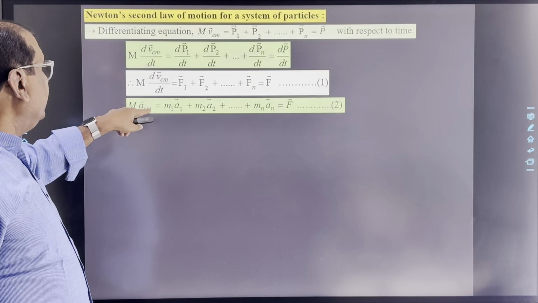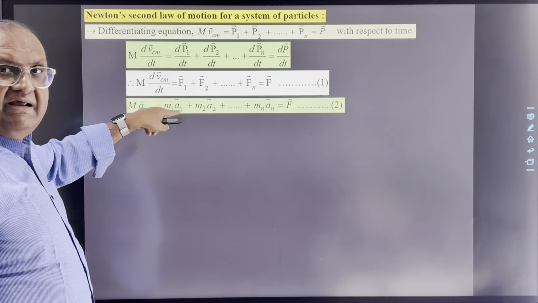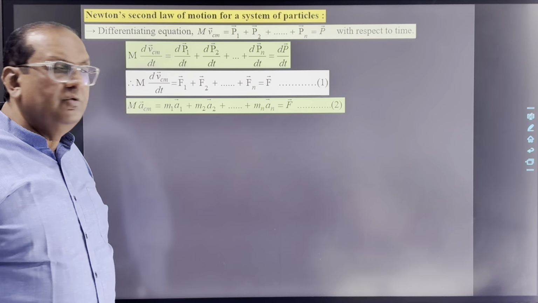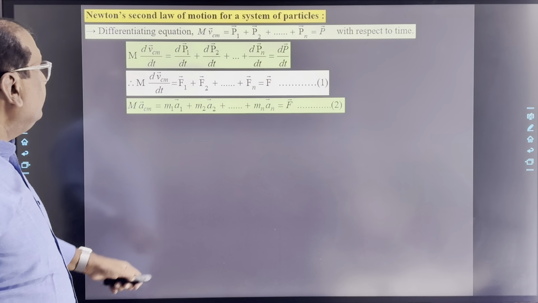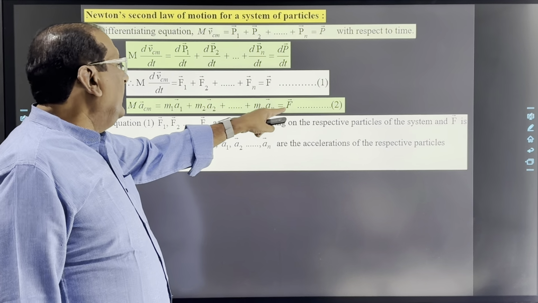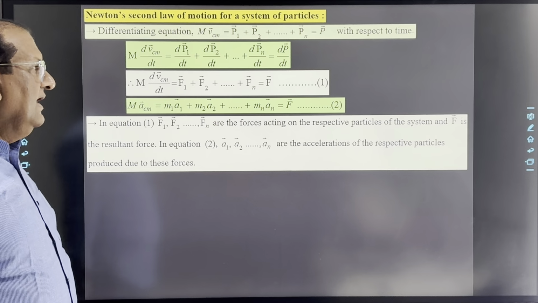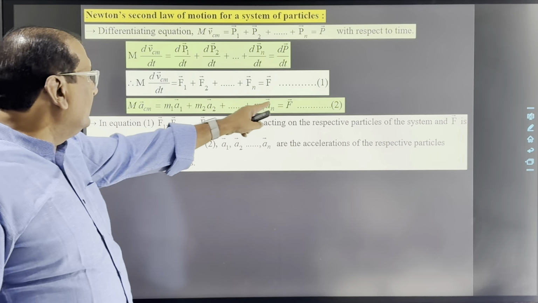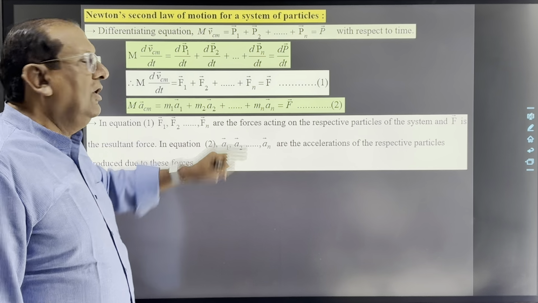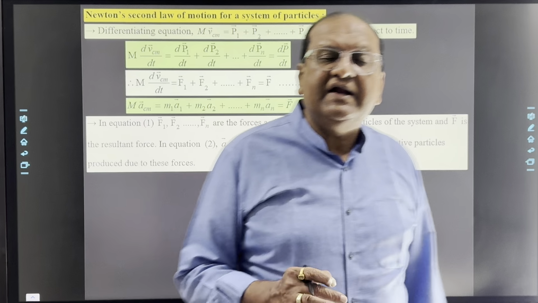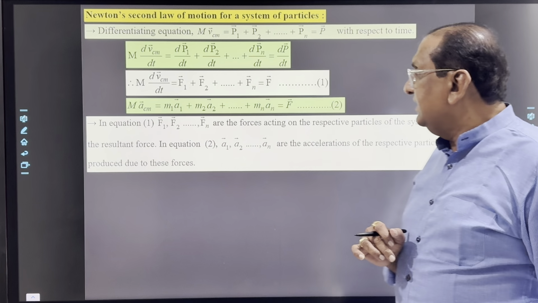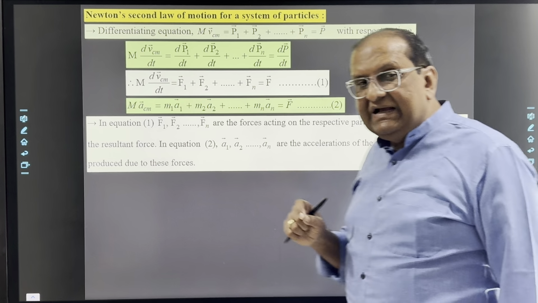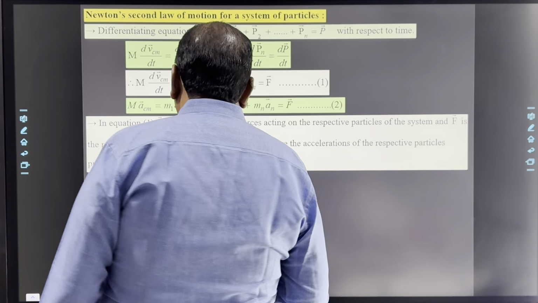So m Acm equal to now F1, that is you can write m1 A1 plus m2 A2 up to mn An, that is equal to F. Now here the force F is the resultant force acting on a system of particles, and that is nothing but the vector summation of the forces acting on the individual particles here. Clear? And A1, A2, A3 up to An are the accelerations of the constituent particles.